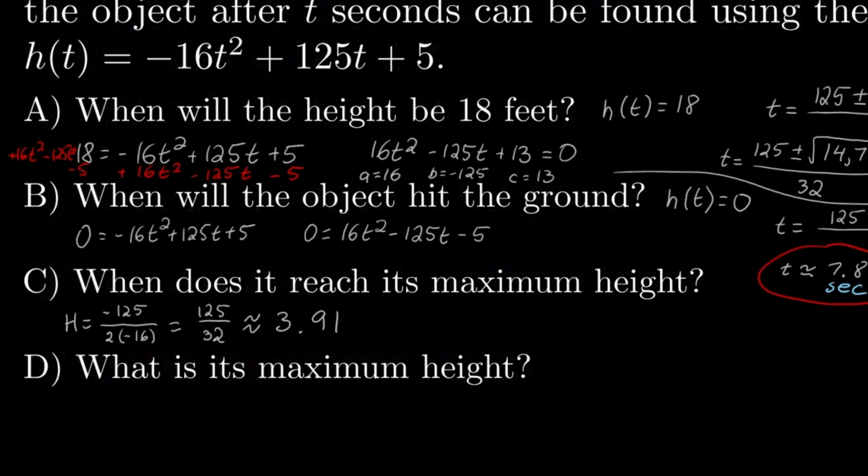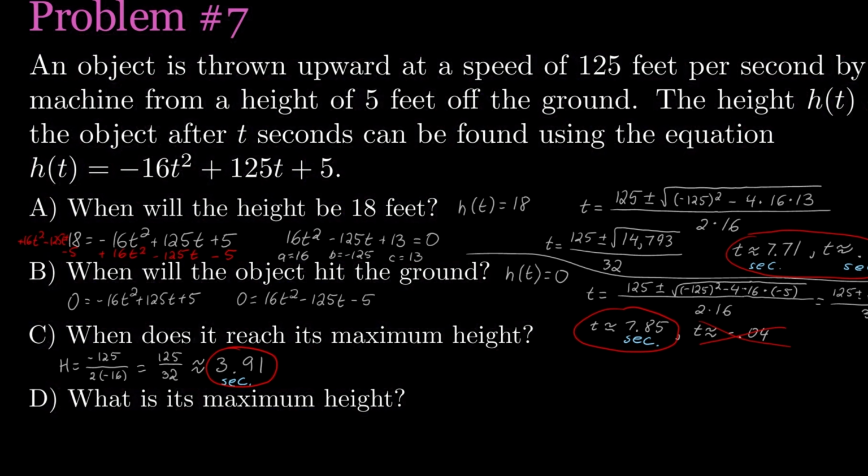Once again, the question is, when does the object reach its maximum height? And when is the question of time? Time is the input to our height function, not the output. And therefore, we will answer this using that first t, or time, coordinate of the vertex. So the object is reaching its maximum height after 3.91 seconds.